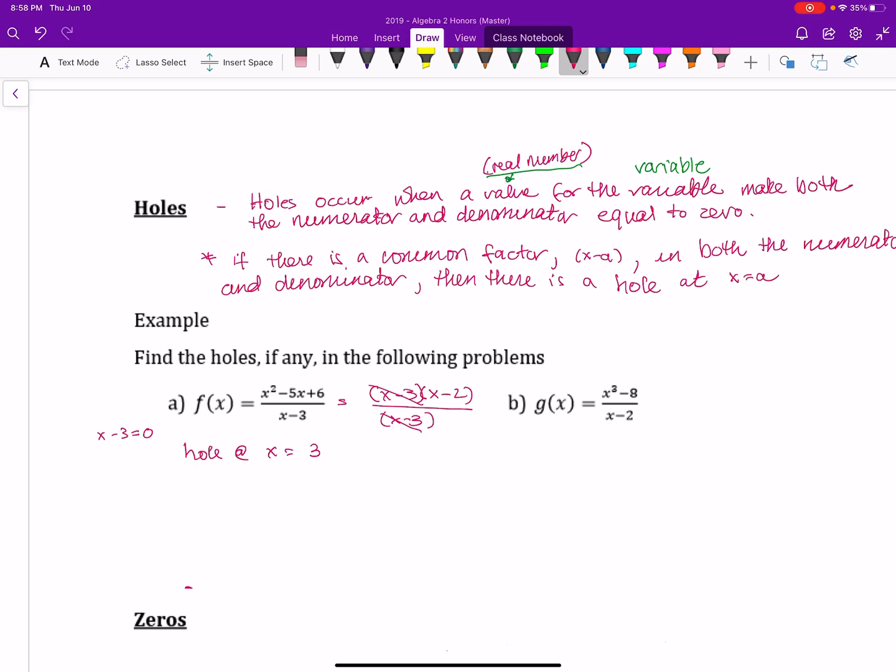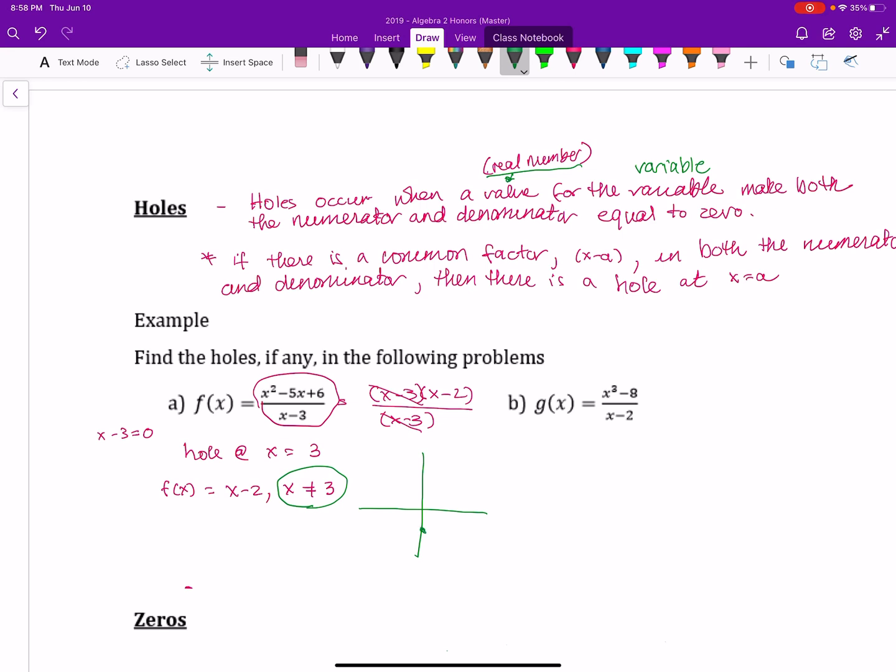Now, once I have the hole, I could essentially write f of x is equal to x minus 2 as long as x is not equal to 3. So those two are the same thing. But f of x is not equal to x minus 2. It is actually equal to this whole thing. Because if I was to draw this, even if you look at the graphing calculator, if I drew it without the hole, it would look like this.